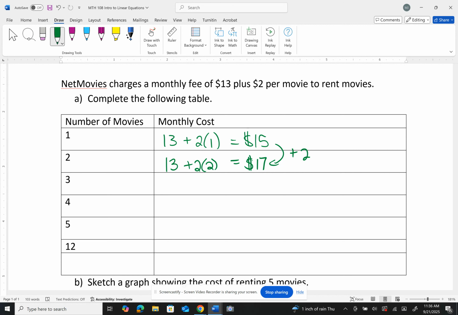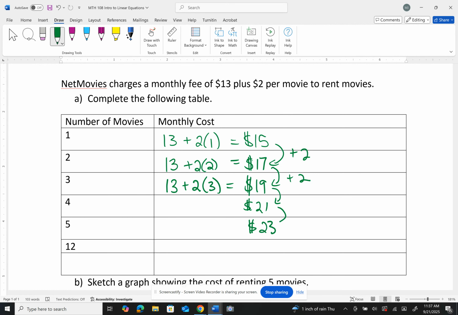So if in a month we rented 3 movies instead, you would expect it to go up another $2 to be 19. And we can see that would be the case because you would have paid the flat fee of 13 and then $2 for those 3 movies. 13 plus 6 would give you 19. So a quick way of getting the next 2 lines would be realizing we're just renting one more movie each time.